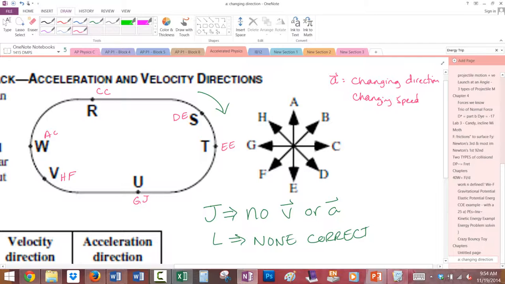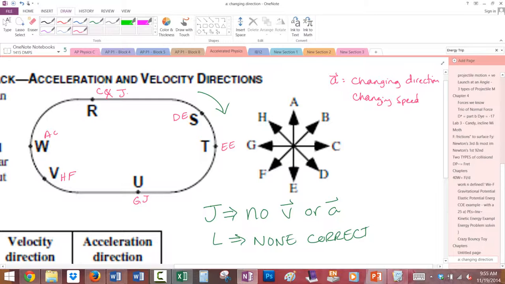If we're accelerating, that means we're changing direction or changing speed. Are we changing direction at all? Are we changing speed? No.